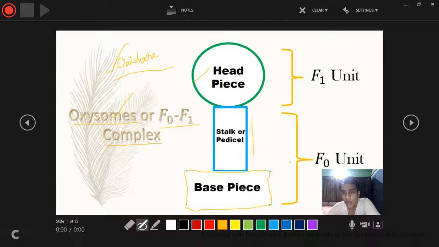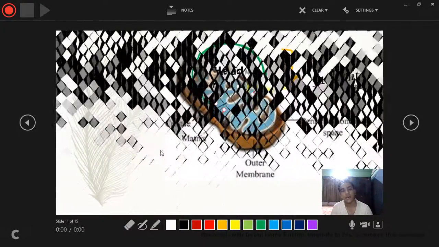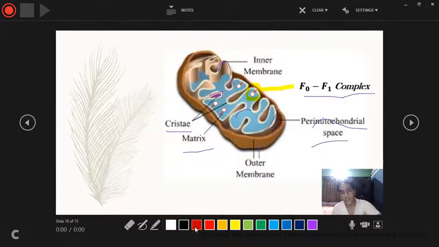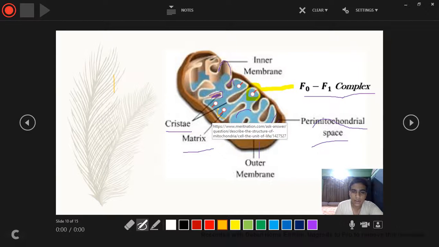How? If I take you back to the slide, in these structures you can see at the base of the cristae this stick-like structure, and here also a base is there, at the bottom. It's not visible with a light microscope, but with an electron microscope you can easily visualize it.